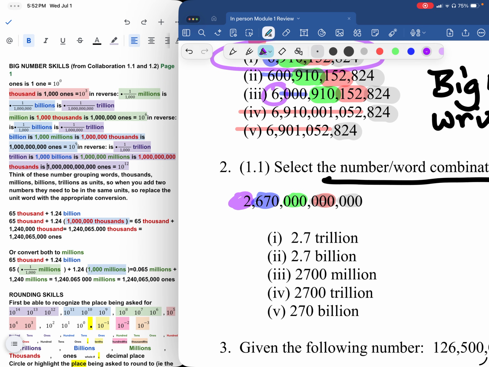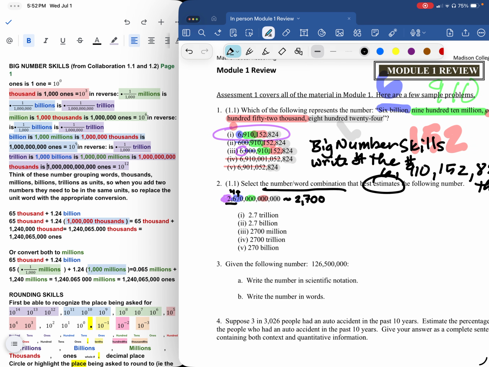And I can see all these answers are 7. So if I was dealing with rounding, I'm rounding to just these 2 digits, and this is plus 1. So my rounded number is 2,700. And then I have 1, 2, 3 sets of zeros.